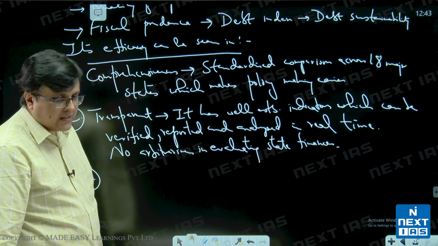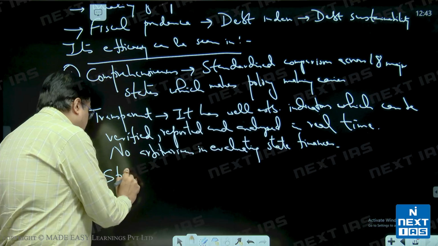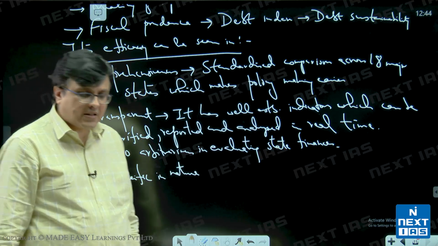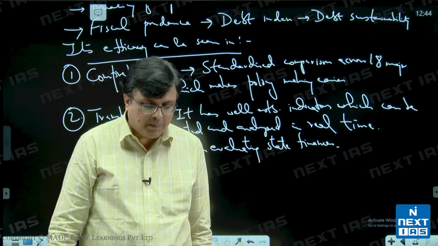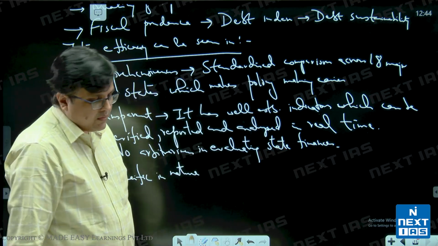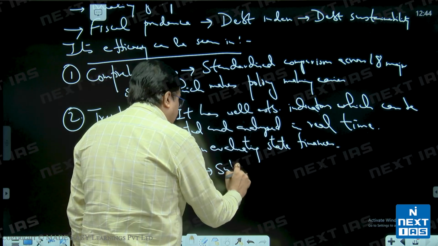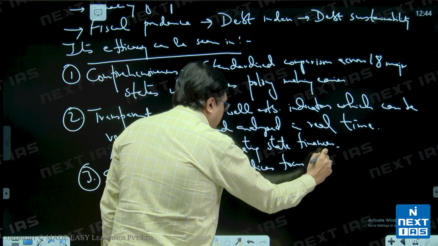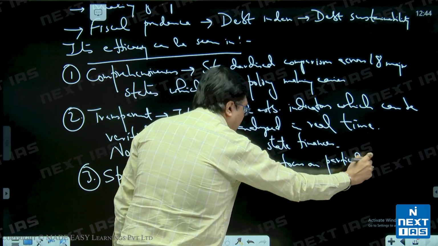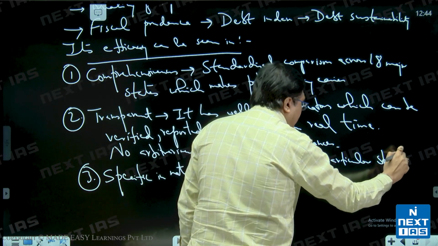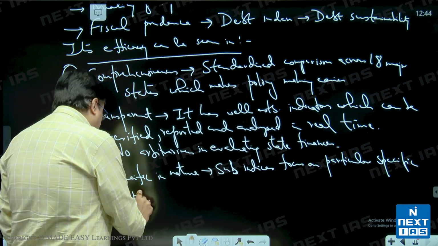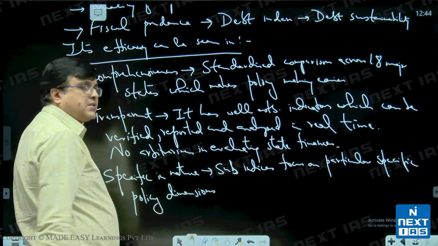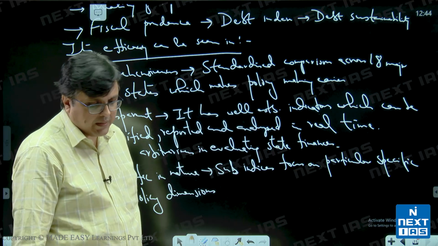The third thing that it achieves is being specific in nature. It doesn't beat around the bush. It doesn't talk about multiple things. So sub-indices focus on particular, specific policy dimensions.